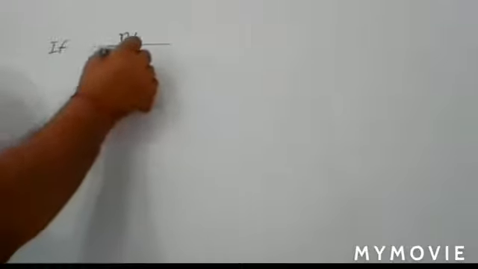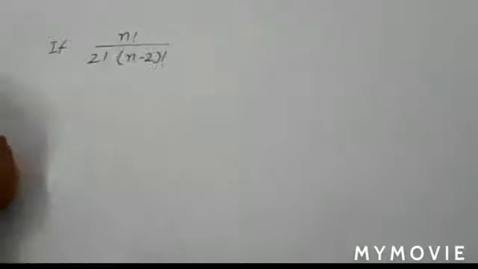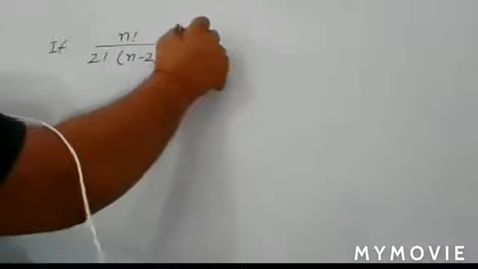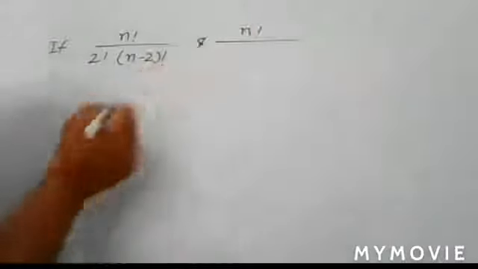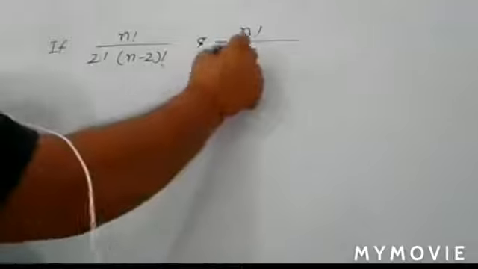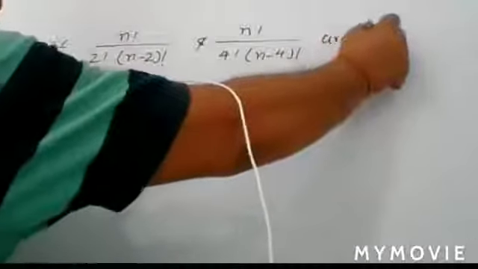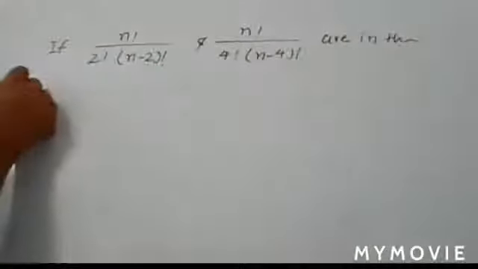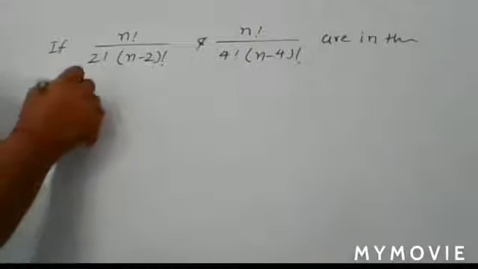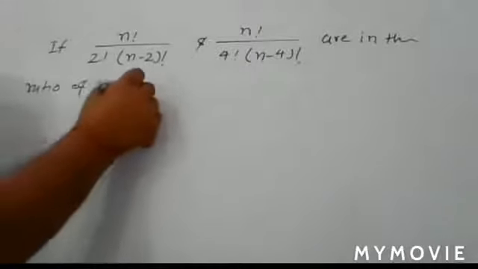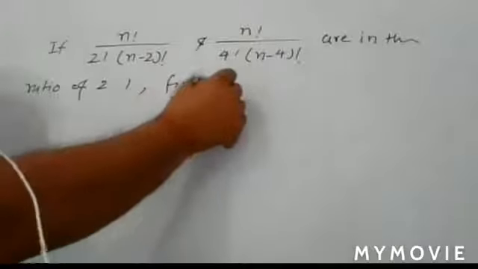If n!/(2!(n-2)!) and n!/(4!(n-4)!) are in the ratio of 2:1, find n.